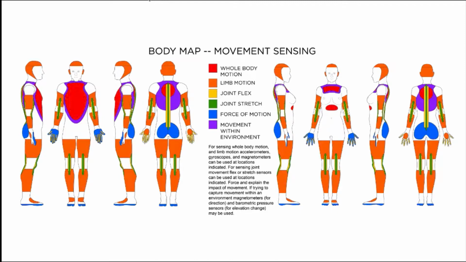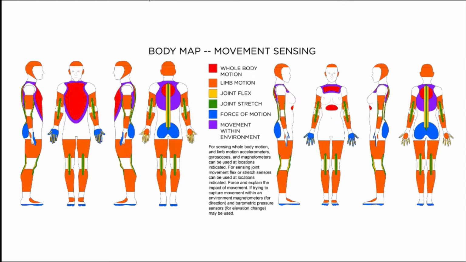So for use in fitness tracking or motion capture, how do I put sensors on the body to figure out how the body is actually moving, right? There's a number of different reasons for doing that, and a number of different sensors for being able to do that.